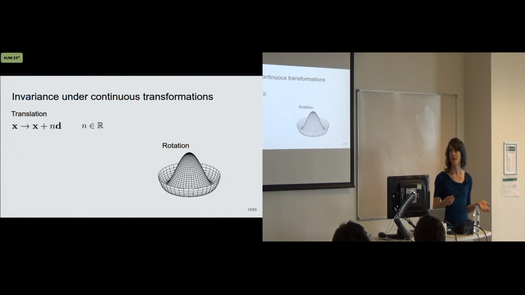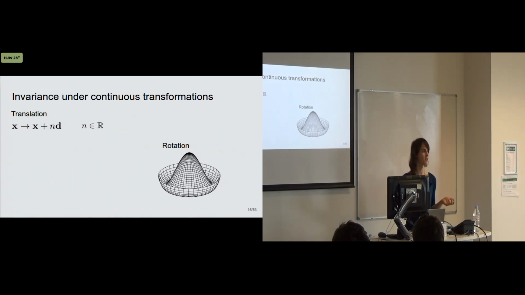And that may be very useful, because if you know it obeys this invariance, then you reduce the effective dimensionality of the space in which you have to learn a function, and the fewer dimensions, the easier to learn.